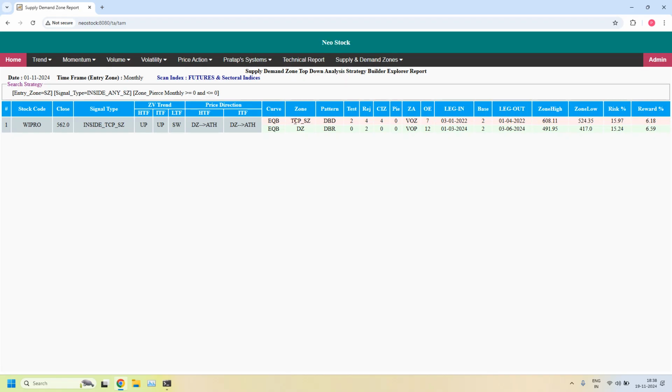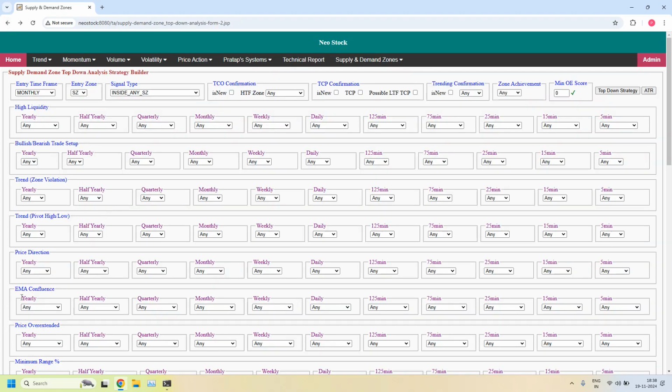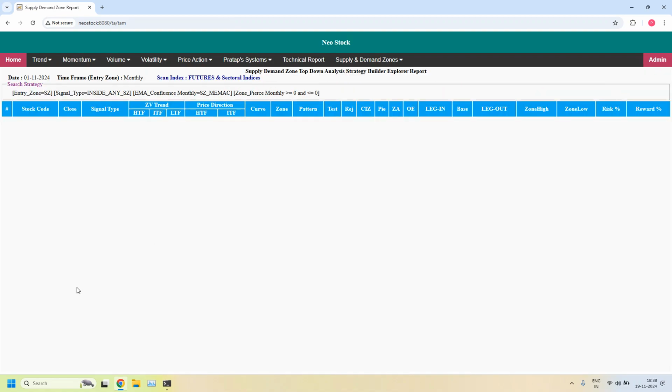And moreover, the supply zone is a high liquidity supply zone. Let us check whether the supply zone is having a monthly EMA confluence. In the EMA confluence, monthly time frame, monthly supply zone with monthly EMA confluence. So the stock is not having any EMA confluence.